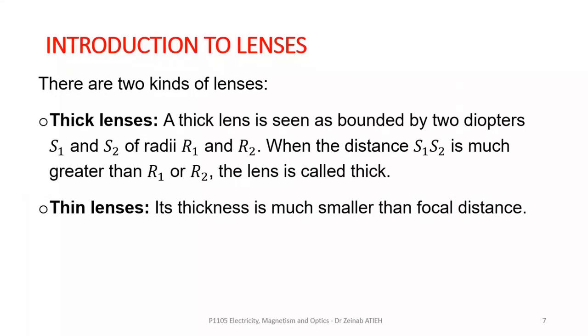We have seen thick lenses in the previous chapter, in other words a system of diopters. When do we treat the system as a thick lens and when as a thin lens? Assume we have air, then glass, then air again. This is S1 and this is S2.